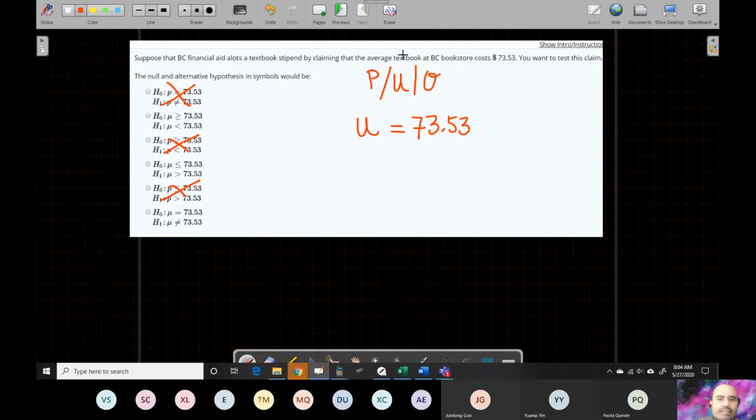The only problem is that nowhere in the question do they tell you that it's greater than. It just says that it's equal to 73.53. So definitely this is not the one. They only have one choice. This is H0, and Ha is the opposite of that.